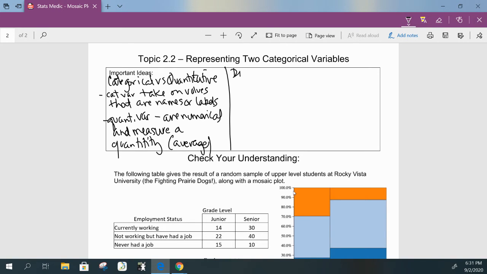Types of displays that we can use for categorical variables are bar graphs, two kinds. We have side by side and segmented.